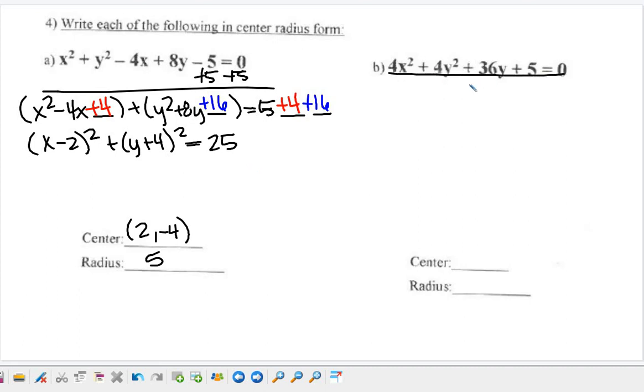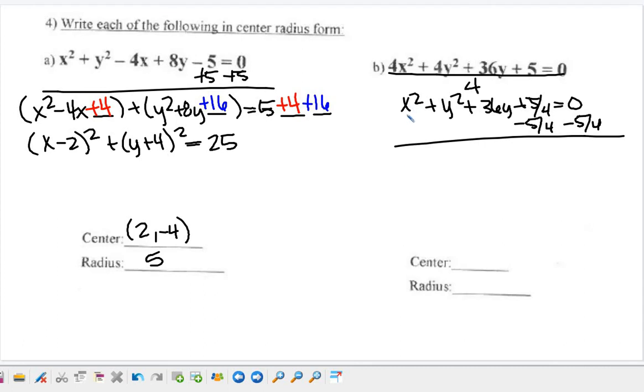Okay, so we need to divide by 4. So I have x squared plus y squared plus 36y plus 5 over 4. So I'm going to subtract 5 over 4 and then start completing my squares. I don't have anything to go with x, so x is just x.